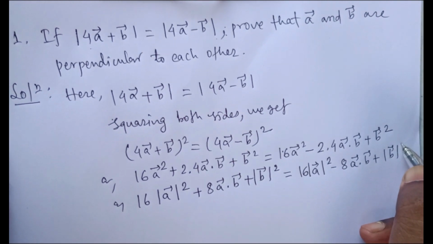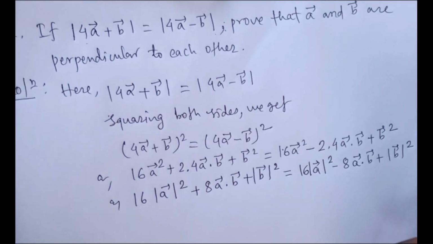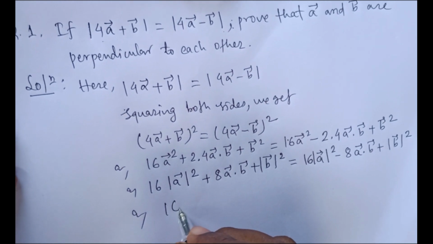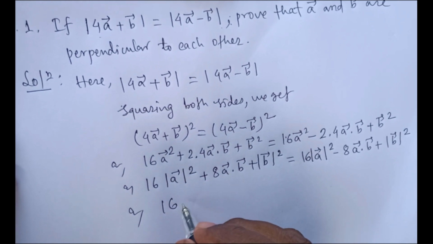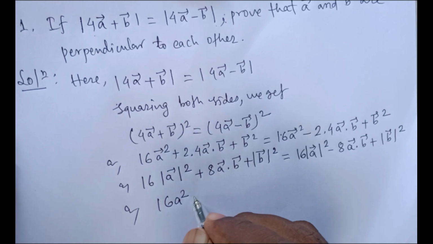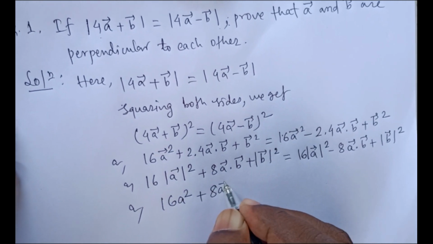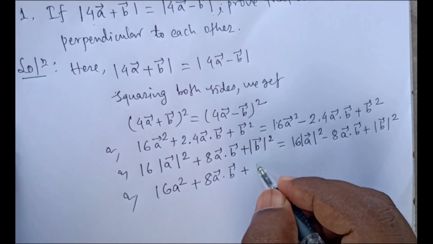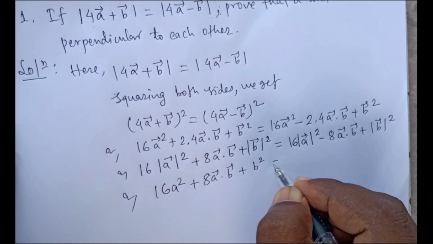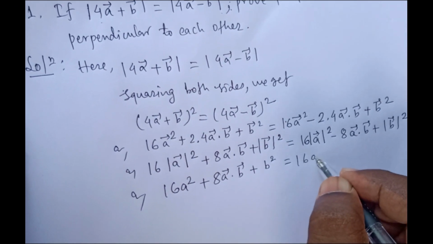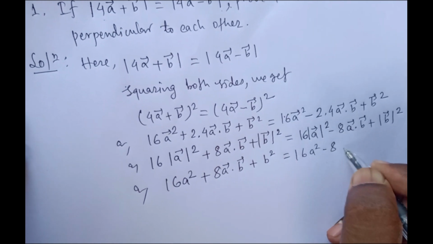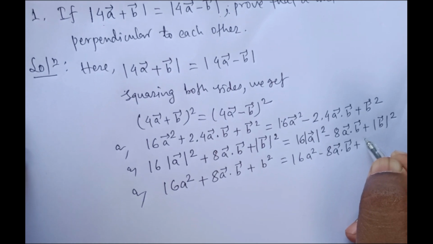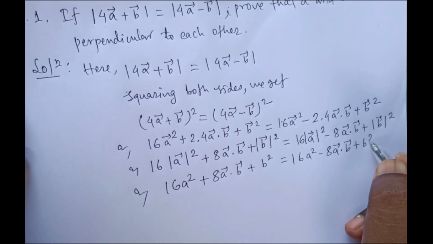So this can be written as 16a² + 8a·b + b² = 16a² − 8a·b + b².